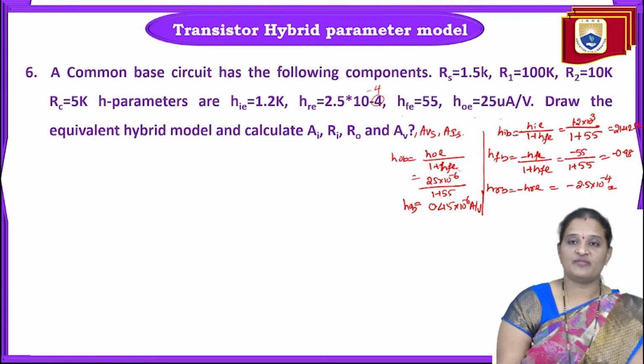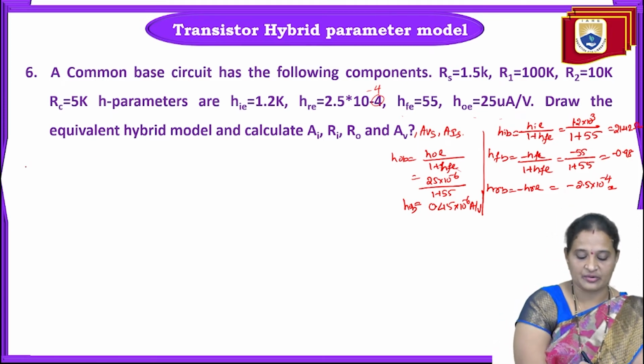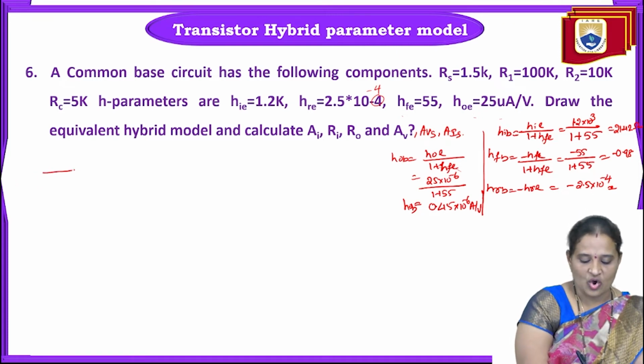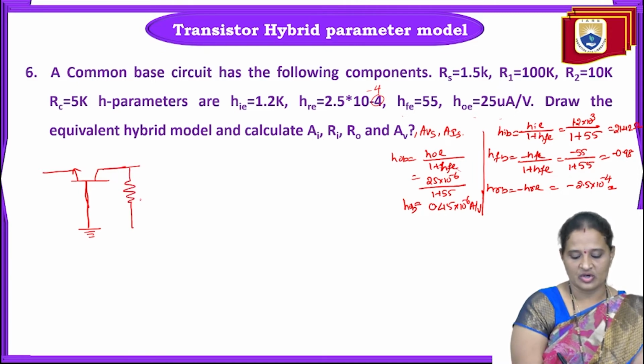Now first of all, let us try to draw the equivalent circuit. First of all, let us draw the circuit diagram of the common base configuration. So this is the common base configuration where base is the common terminal between the input and output. At the output side we have RC, and we do have biasing here.